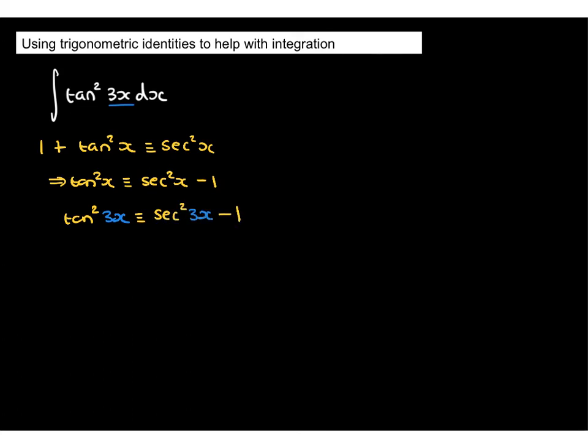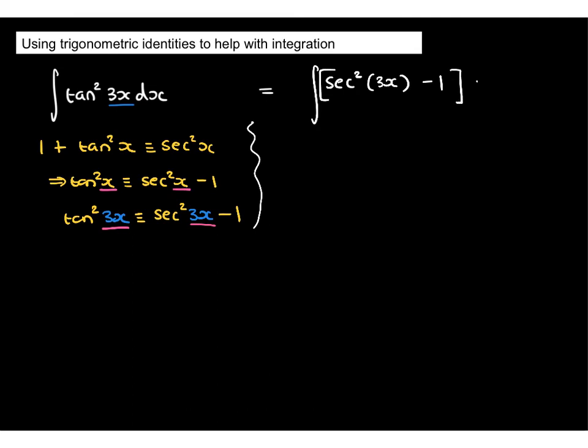I'm simply replacing this angle here with this angle here. It will work. We know the identities are true for any value of x, which means they'll be true for 3x. So I can now rewrite my integral as the integral of sec squared 3x minus 1.